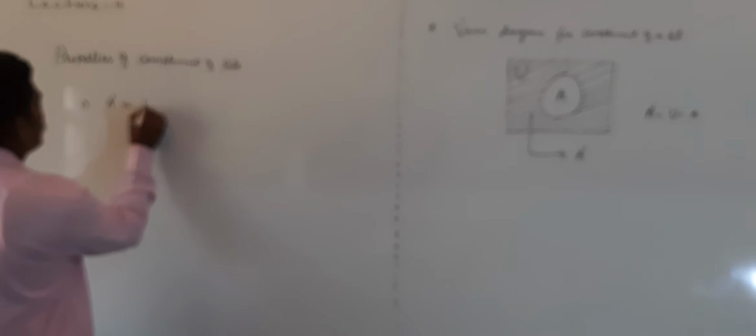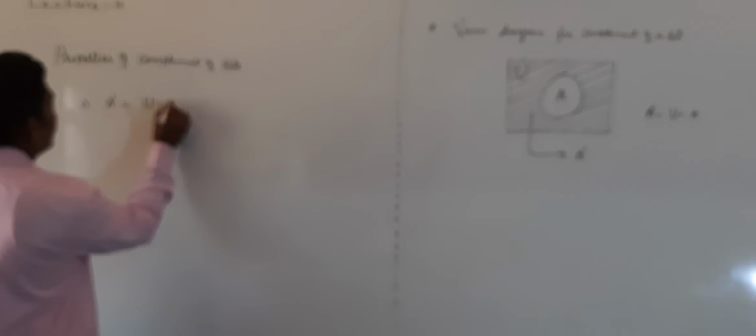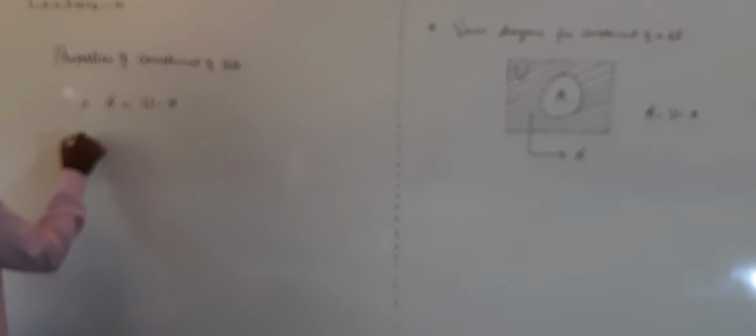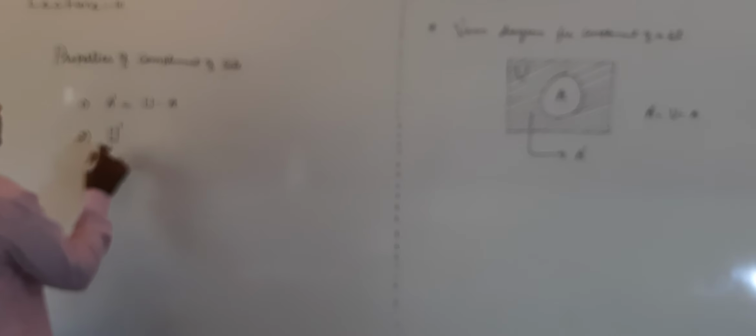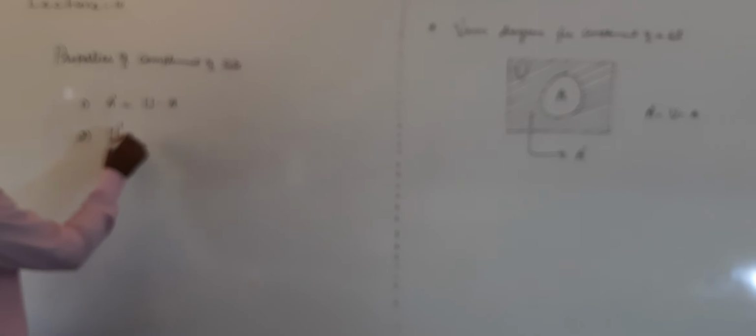This is for complement. This is equal to U minus A. Second one, what is universal set complement?